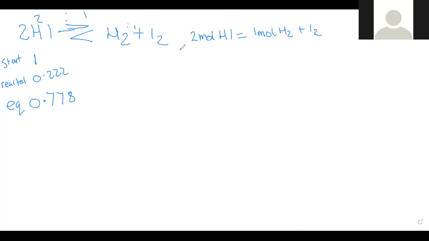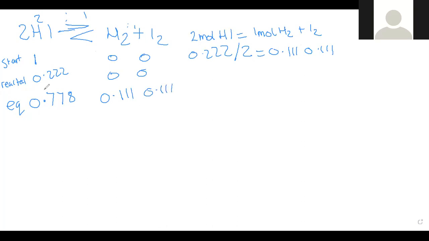Therefore, 0.222 divided by 2 equals 0.111 and 0.111. So if we did this as the start table, we have 0, 0 there, and we have 0.111 and 0.111. So that is how many moles we have at equilibrium here.